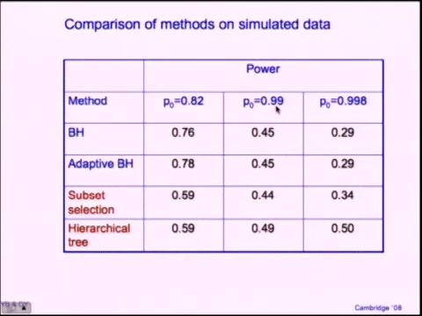When we get closer to 1, at 0.99, we get 45, 45, 44, 49. When you are really searching for the few, at 0.998, original BH is 0.929, adaptive doesn't help much more, subset selection already shows more, and the hierarchical is much more effective. In fact, it hardly loses here.